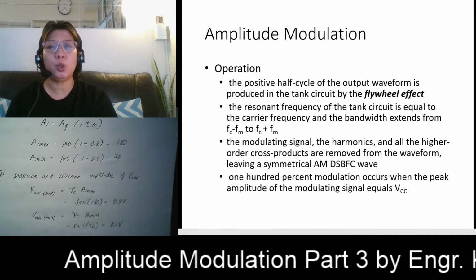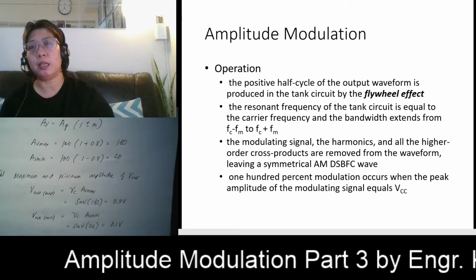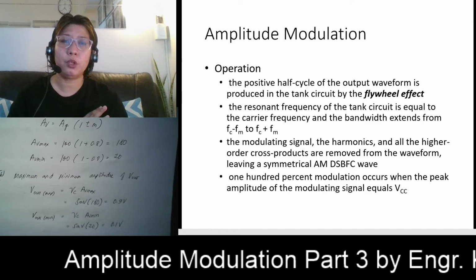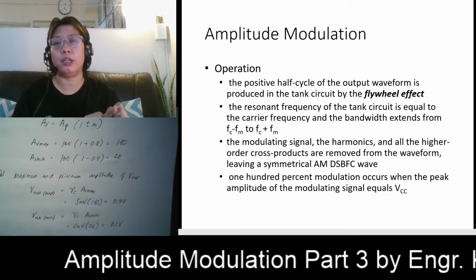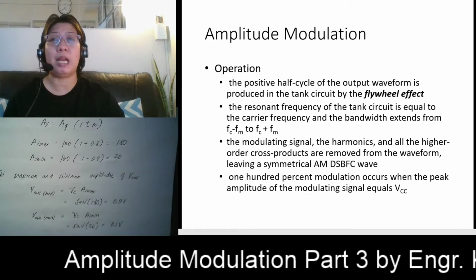That is what we mean by the flywheel effect. When Q1 is conducting, C1 is charging, and when Q1 is off, C1 discharges through L1, and then in reverse polarity. Therefore, we have negative 2 VCC.